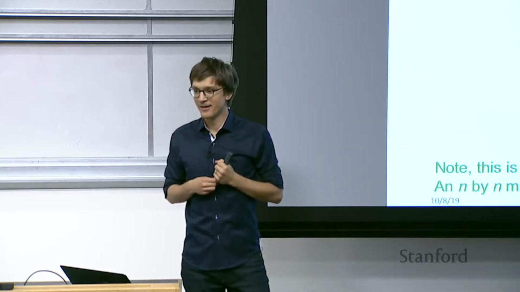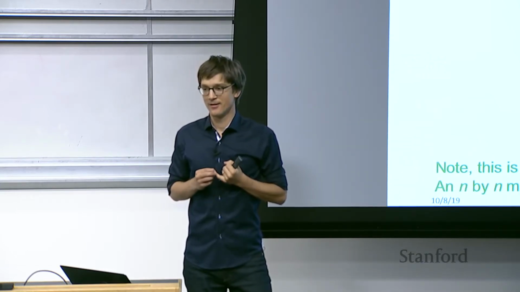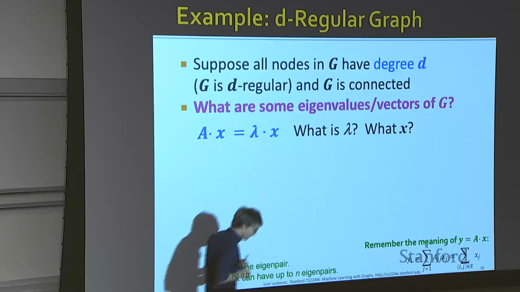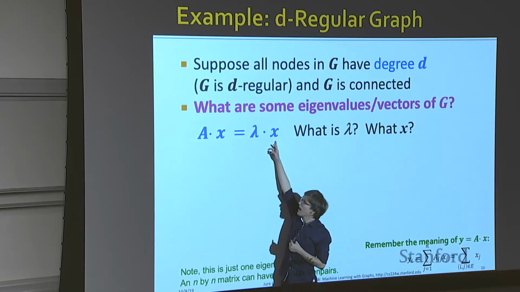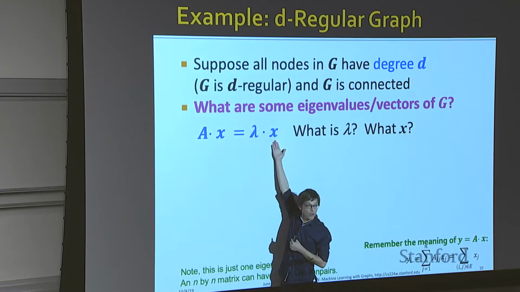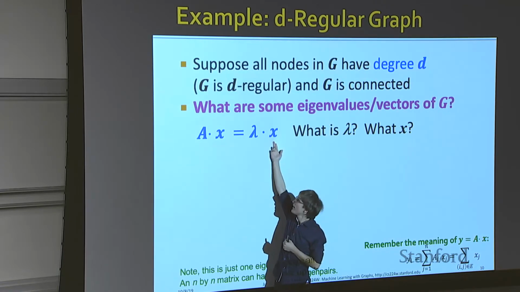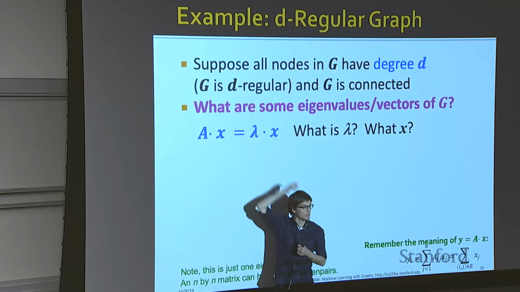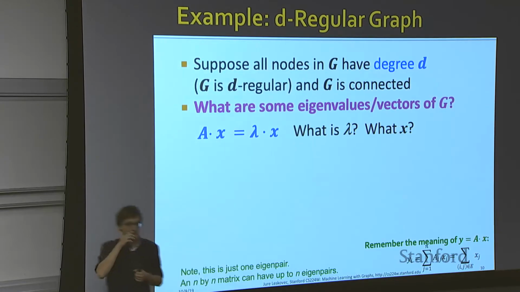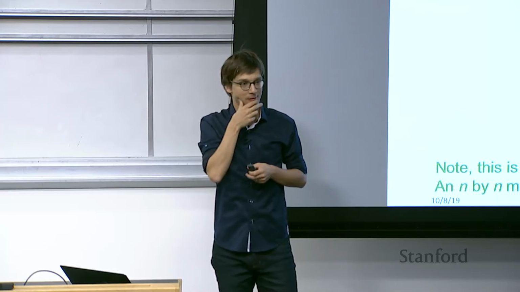All ones as an eigenvector and an eigenvalue of 4. Okay, great. So we have a suggestion which says one eigenvector is that we set all ones, and if I have a 4-regular graph, then lambda would be 4. Do we agree with that suggestion? And if not, why not?